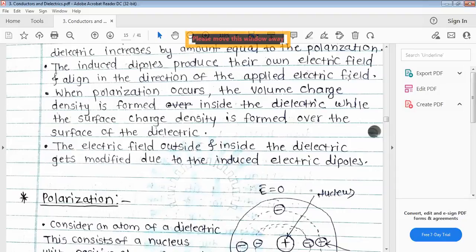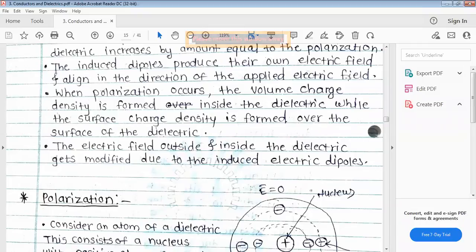Volume charge density means whatever material you are considering, there will be charges. If you consider a sphere, the bound charges in it have now started to move. Whatever polarization happened, because of it, different charges have been created in that volume, and they have a density. That's why the volume charge density is formed. And also, if you consider the surface of that sphere, on that surface also there is a surface charge density formed over the surface of the dielectric.